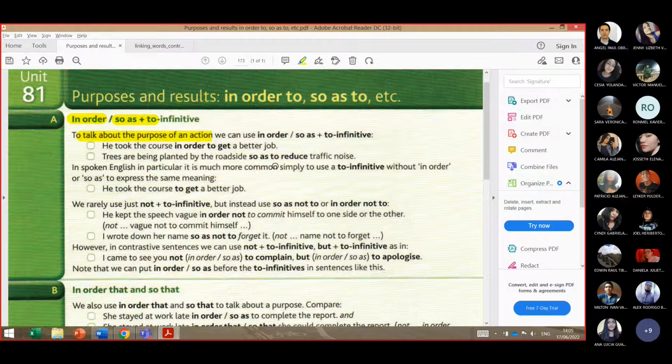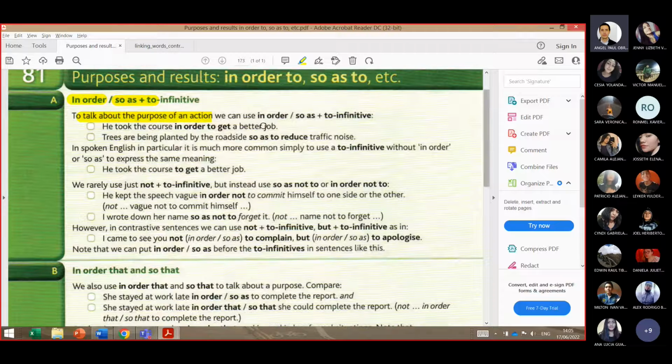So let's have a look at these examples here. For example, he took the course in order to, and then we have the infinitive here, which is get. So he took the course in order to get a better job.